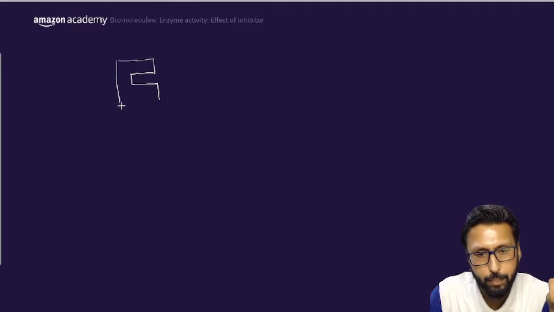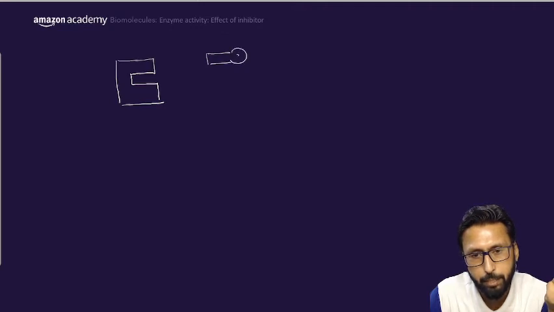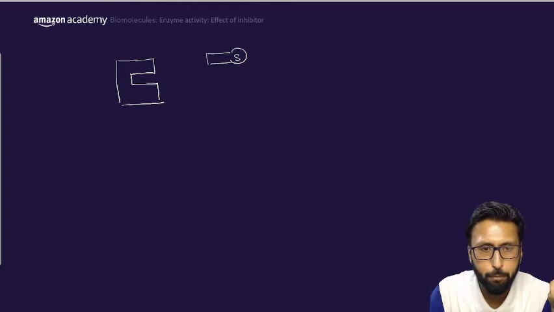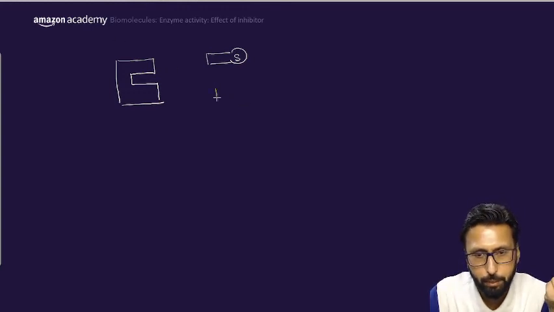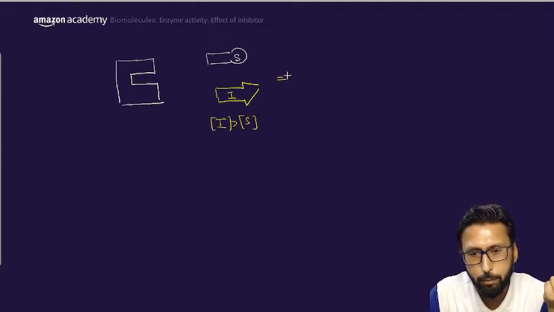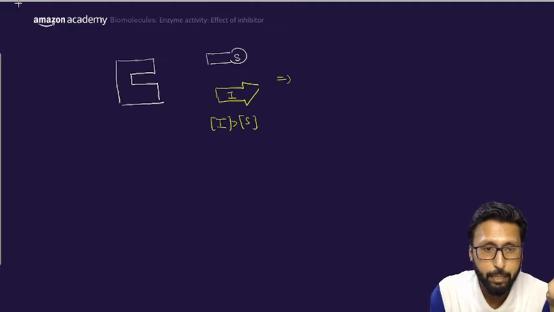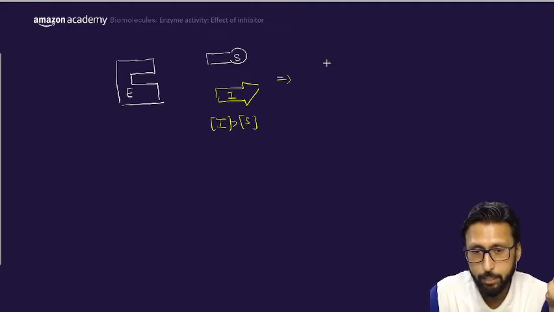So in the second case, what is going to happen? Suppose this is the enzyme and this is our normal substrate. Normally the substrate binds with the enzyme and our product is formed. But when we have the inhibitor, which is more in concentration than the substrate, the enzyme is going to bind with the inhibitor instead of the substrate.